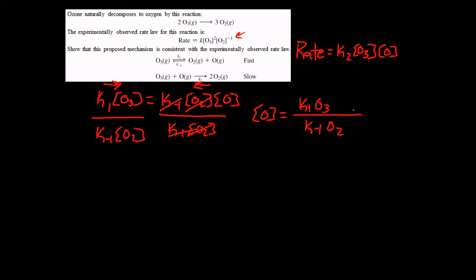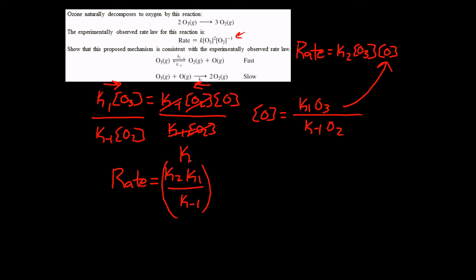And so this we can plug in here, and that will give us the rate is equal to K2 times K1 over K minus 1, and all of that will just be one new K.